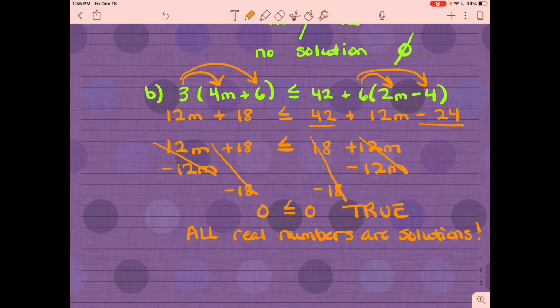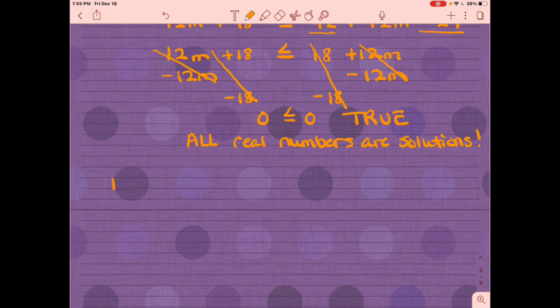Most of what you're working on here is these multi-step inequalities. The big thing you need to remember is if you divide or multiply, could have said multiply or divide, by a what?